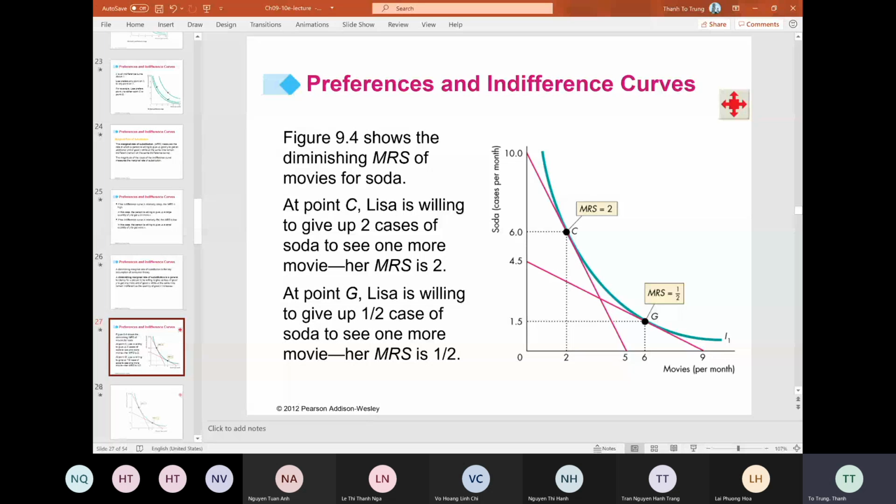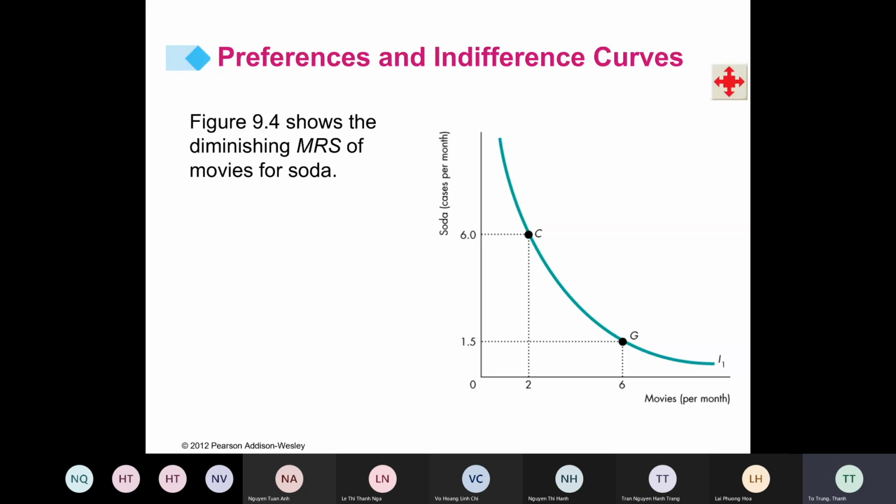Point C and point G. At point C, Lisa buys 6 sodas and 2 movies. And at point G, Lisa buys 1.5 sodas and some movies. Lisa gets the same utility level, but the rate of substitution between sodas and movies is different at these 2 points.